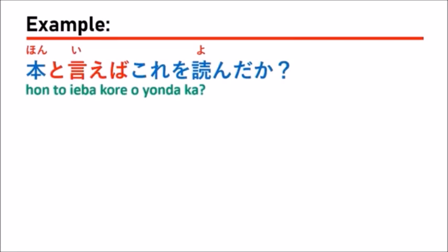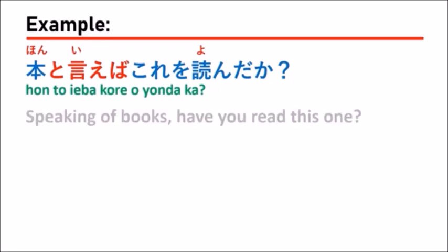The example: hon to ieba kore o yonda ka? Which means, speaking of books, have you read this one? In this sentence we have the noun hon.